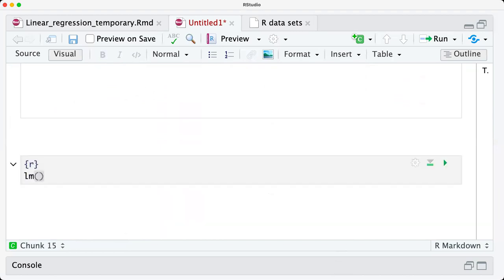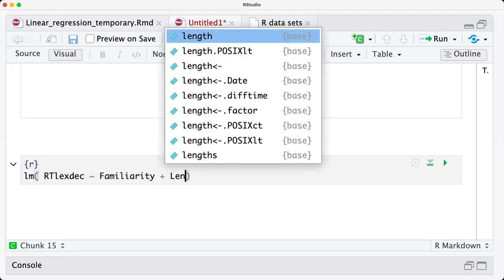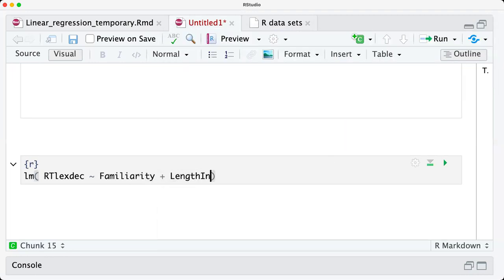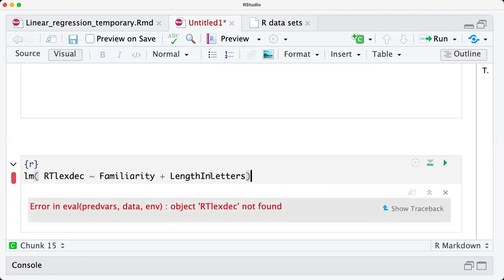We take this linear model and try to predict again the lexical decision time using the familiarity and the length in letters. Let's see the data.